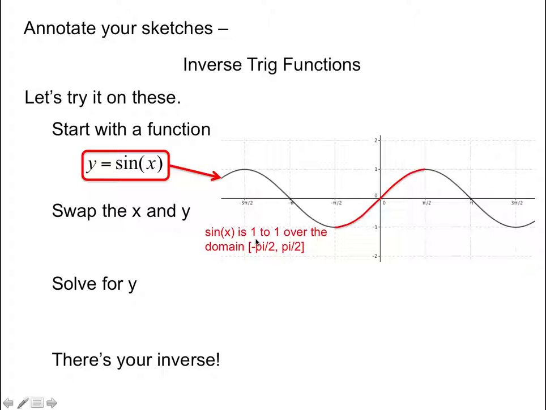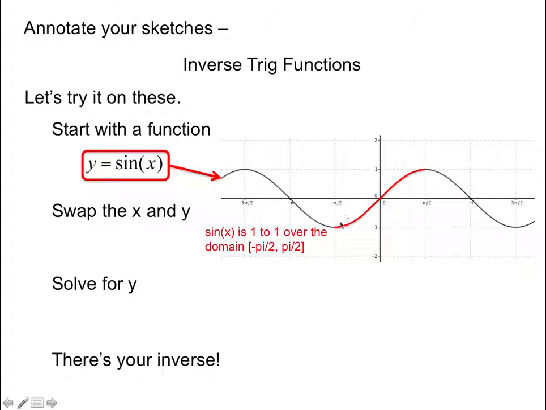Remember, 1 to 1 means we have one x and absolutely one y, so the x's and the y's don't ever repeat. To do that, we have to pick a part of the sine curve where we cover the range from -1 to 1 in part of the domain.